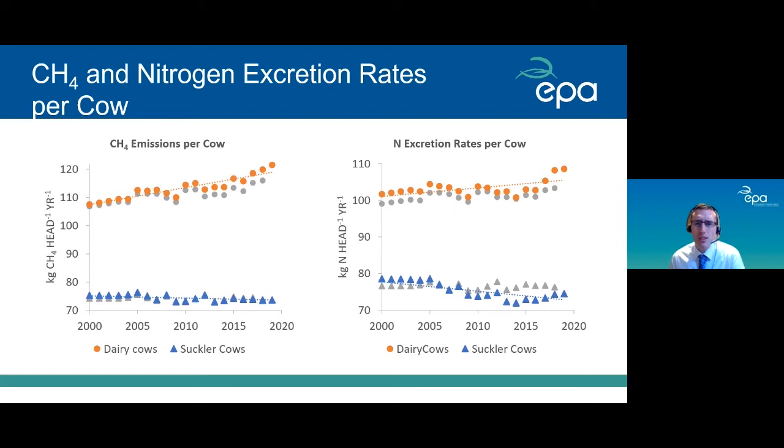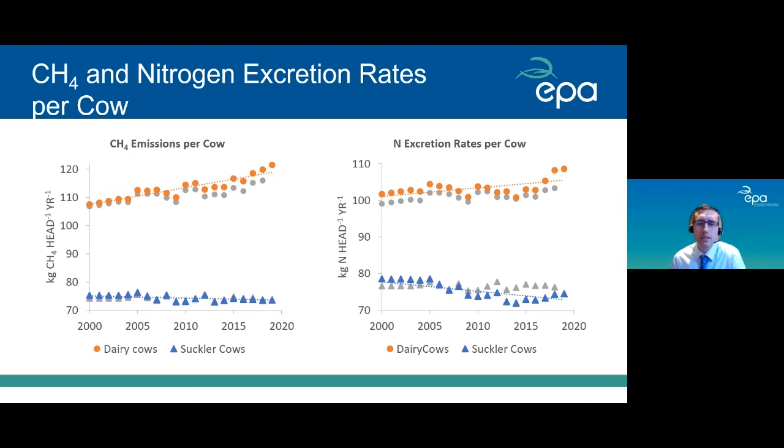And similarly, a similar trend is seen for nitrogen excretion rates per cow on the right, where again in orange the dairy cows are going up, whereas there's a significant decrease for other suckler cows.